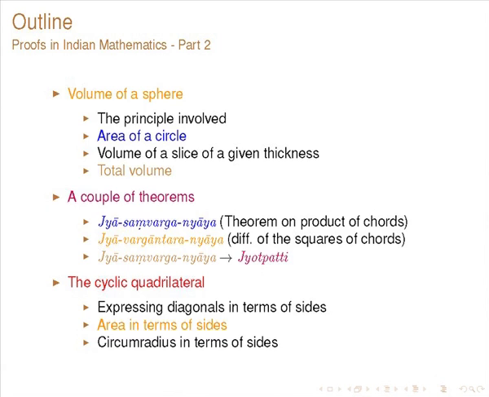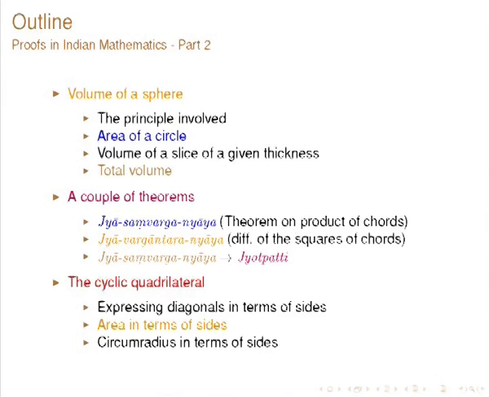Before starting the discussion, I would just like to give you an overview wherein I want to introduce some terms which are not that familiar. One is Jya Samvarga Nyaya. The term Jya has been introduced as sine.